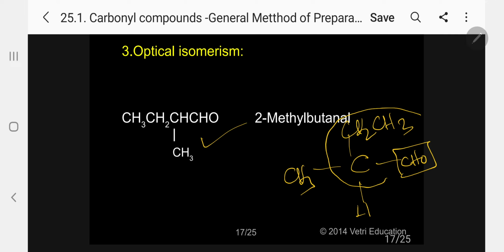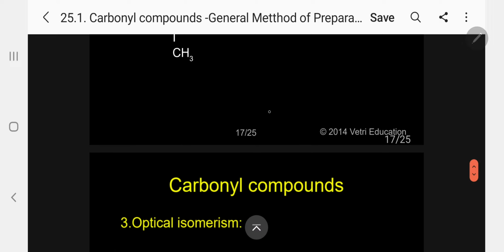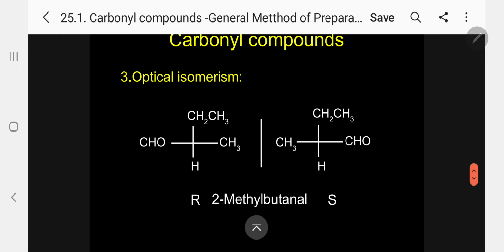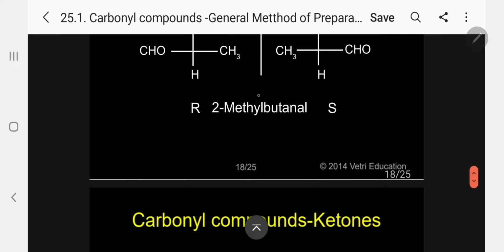This is the structure. So this shows optical isomerism. Here I am showing it theoretically, as per the rule. This is 2-methyl butanal, based on the RS configuration. We predict it using the Cahn-Ingold-Prelog rule. We have already discussed this, so I need not discuss it again.